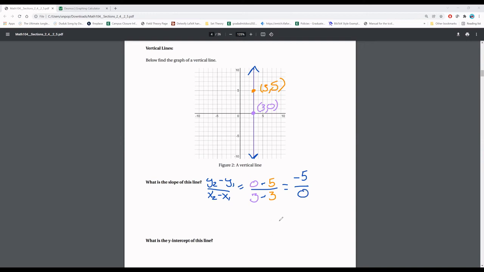And at this point, alarm bells should be going off, as I believe we've been told since infancy. We can't divide by 0. We don't allow it. Some strange stuff happens when you attempt to divide by 0. So division by 0 is called undefined.